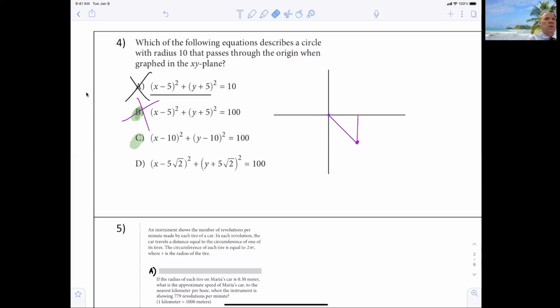Just because we crossed out B, we're not saying it has to be C, because everybody thought the answer was B or C. And I'm saying now that you saw me draw it, is C correct? And I want to know why. If you say yes boldly, tell me why.